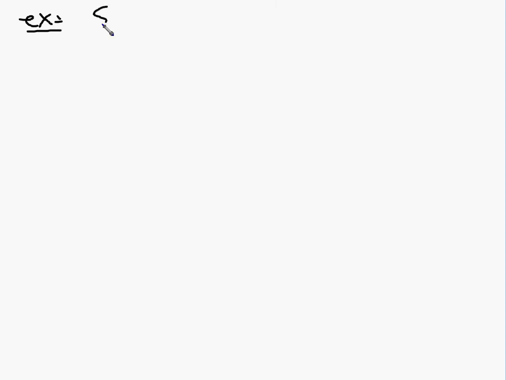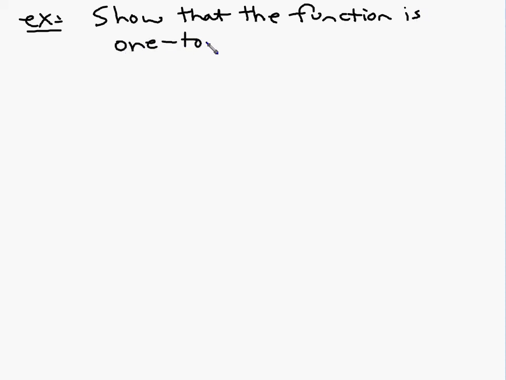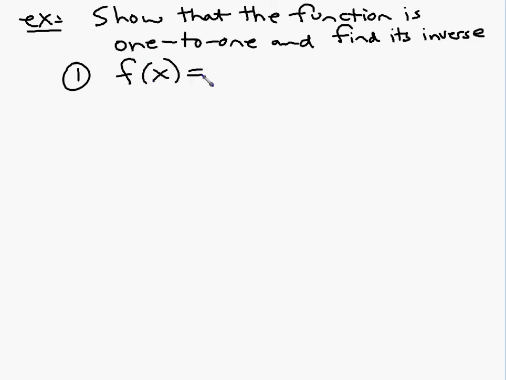What if you're asked to show that the function is 1-to-1? That means show that it has an inverse, and find its inverse. This shouldn't be that bad. So, let's say that my function was negative 2x plus 4.